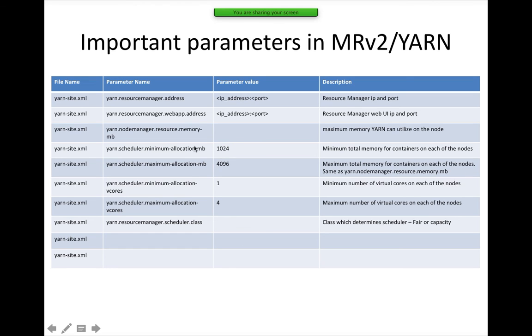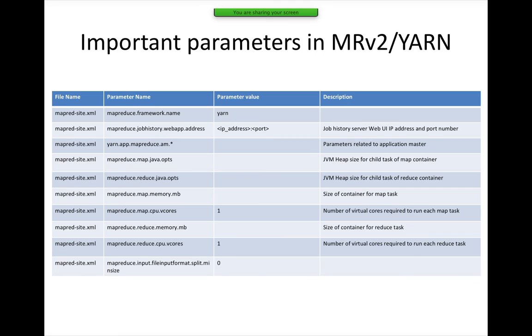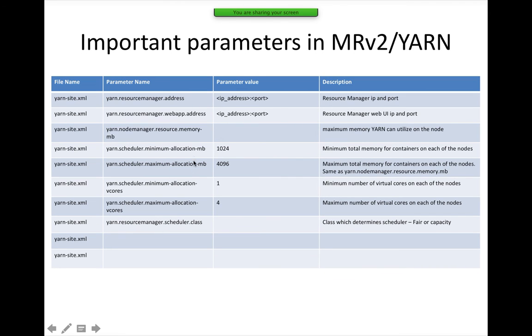Okay, and then for each container in the downstream tools, whatever memory range you want to give, you can specify using the minimum and maximum allocation MB and minimum and maximum allocation cores. And then when it comes to setting up the memory and CPUs for MapReduce to use on top of YARN, you have to give MapReduce map memory and MapReduce reduce memory MB within this range.